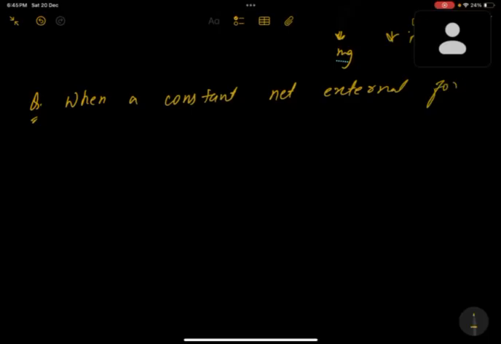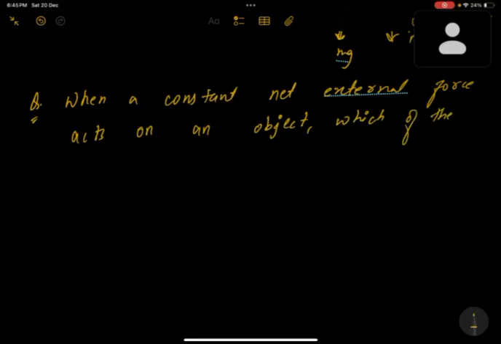Now we go forward with the next question. When a constant net external force acts on an object, which of the following may not change?